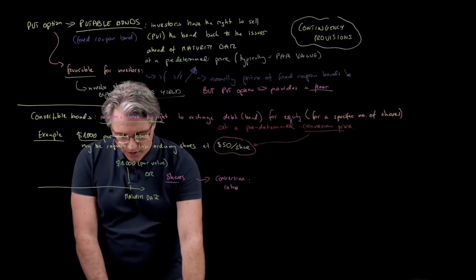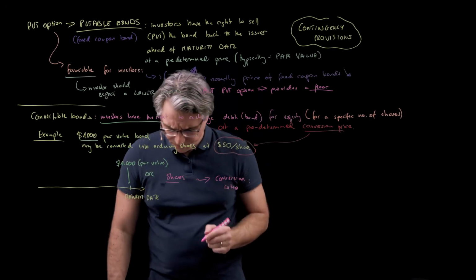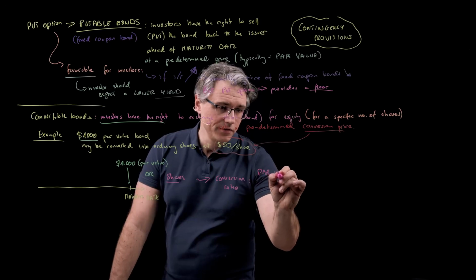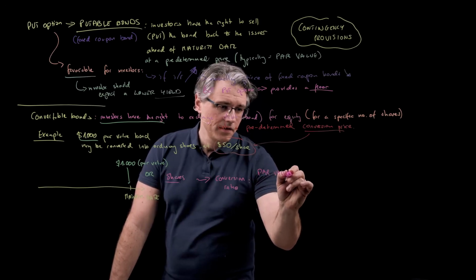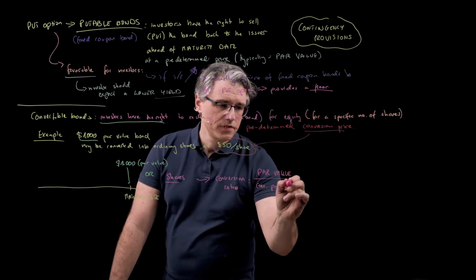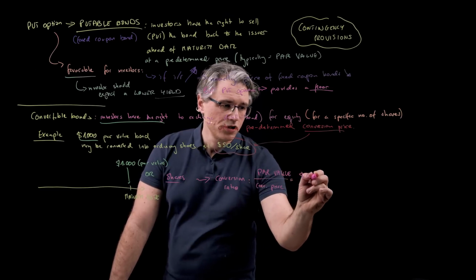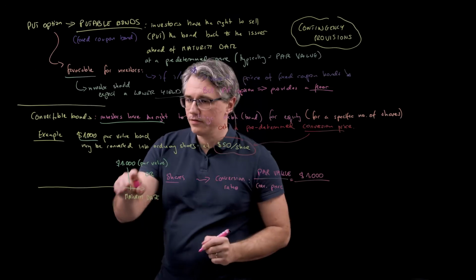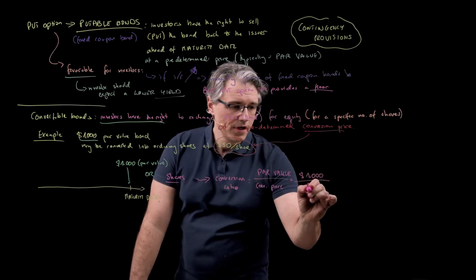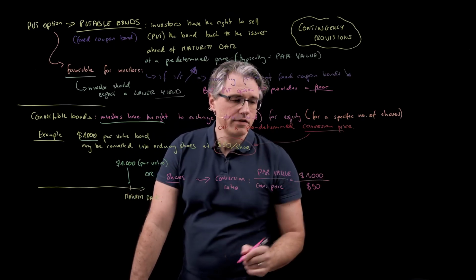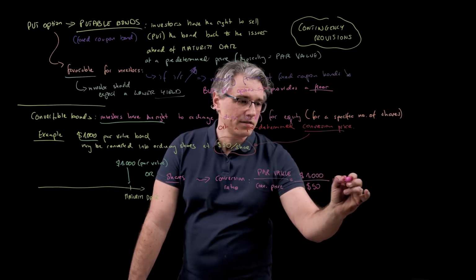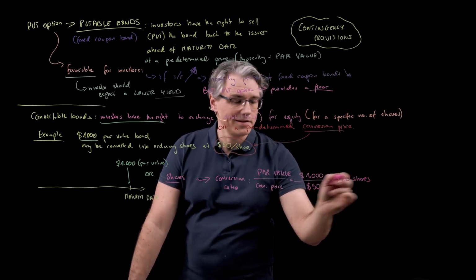If so, it's really easy. The conversion ratio, right, is the par value of the convertible bond divided by the conversion price. So here you may exchange the receipt of $1,000 into shares at a price of 50 per share. So 1,000 divided by 50 would give you access potentially to 20 shares if you wanted to.